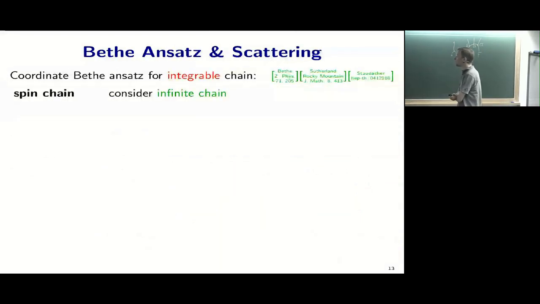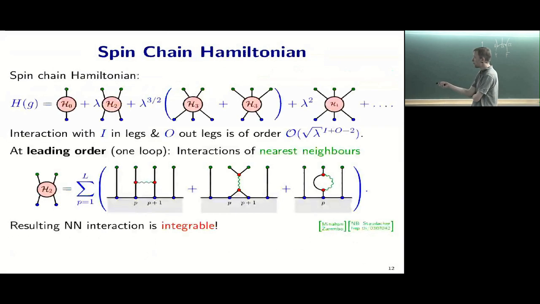Okay, so let me give you some. No, okay, you want something else. No, sorry, it depends a bit. This part of the Hamiltonian is completely known, and not just SO6, but everything, and that is integrable. Now, what does it mean for a quantum mechanical Hamiltonian to be integrable?